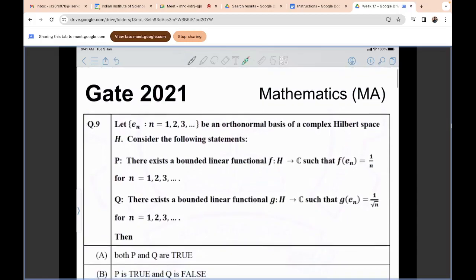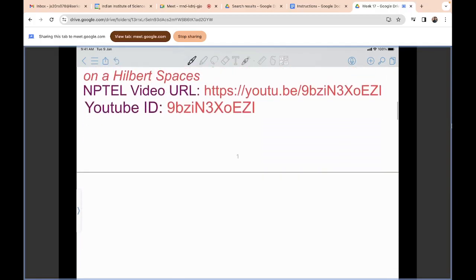Okay, so let's try to solve this one. So what is given first?